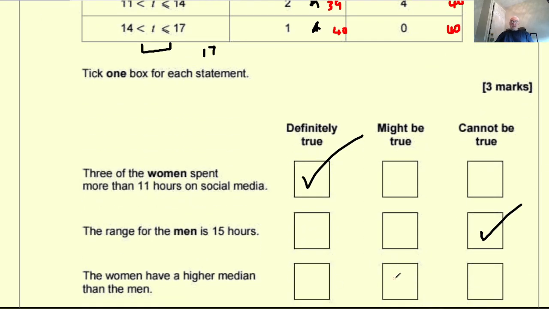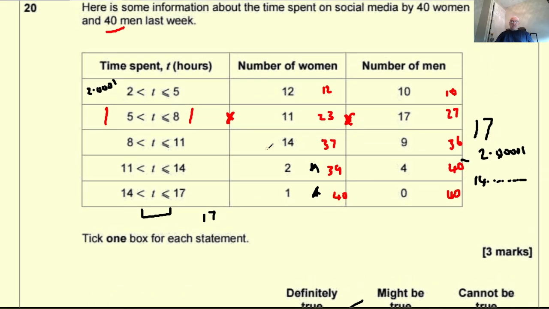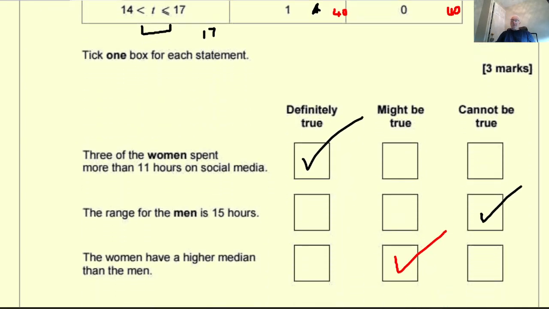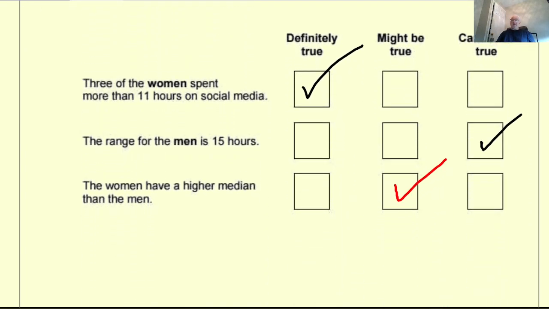They could be exactly the same age. But it might be, at the same time, that the 20th woman was at 6 minutes and the 20th man was at 7 minutes. So that would mean it's not true. So it could be true on that one. We haven't got enough information to say because the range is too wide.